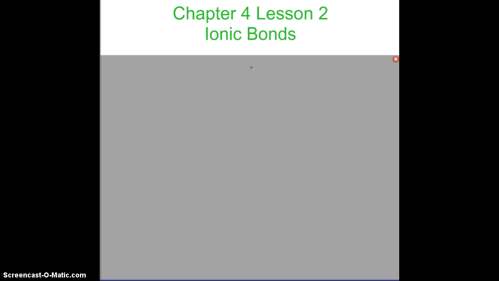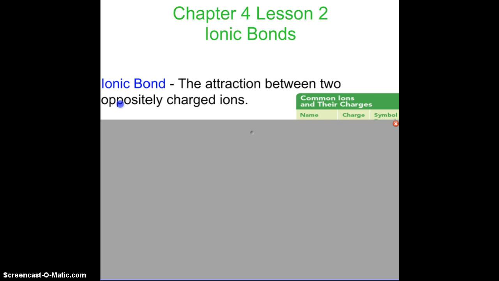Yesterday we talked about a chemical bond. It's an attraction between two elements, a force of attraction, and that attraction only happens when you rearrange or trade or lose or gain electrons.